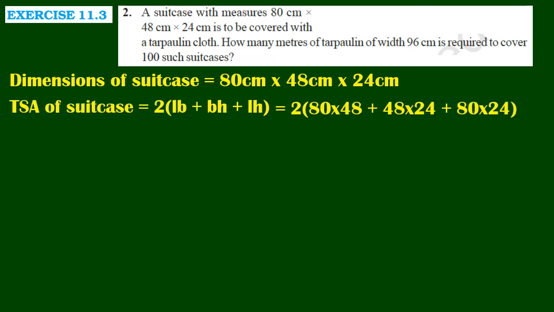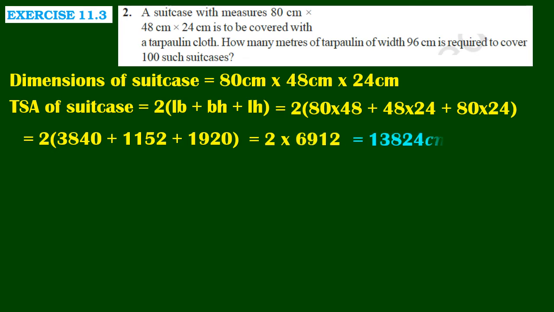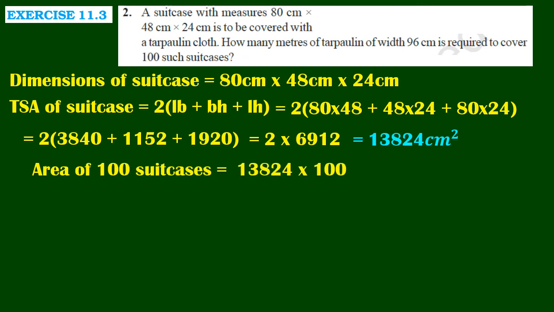TSA of the suitcase, which is equal to, on calculations, yes, 13,824 centimeters square. That is the TSA of one suitcase. So what will be the total area of 100 such suitcases? So into 100. Now, we need to buy the tarpaulin.